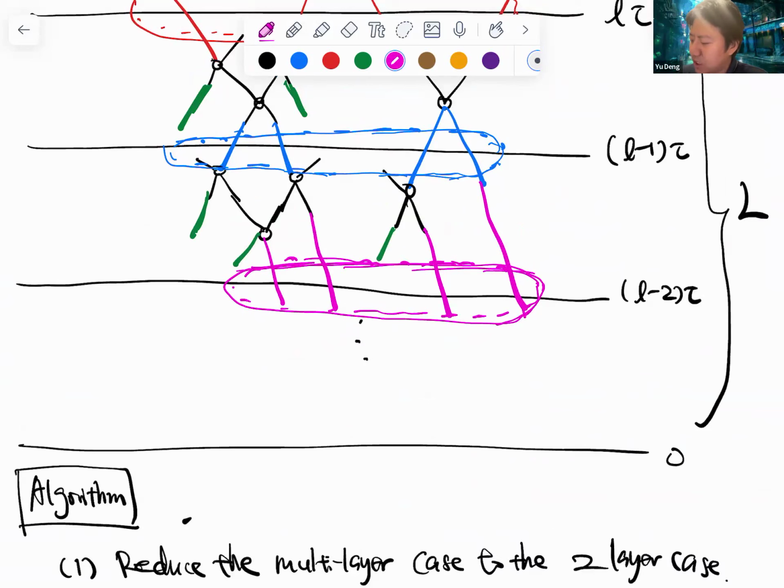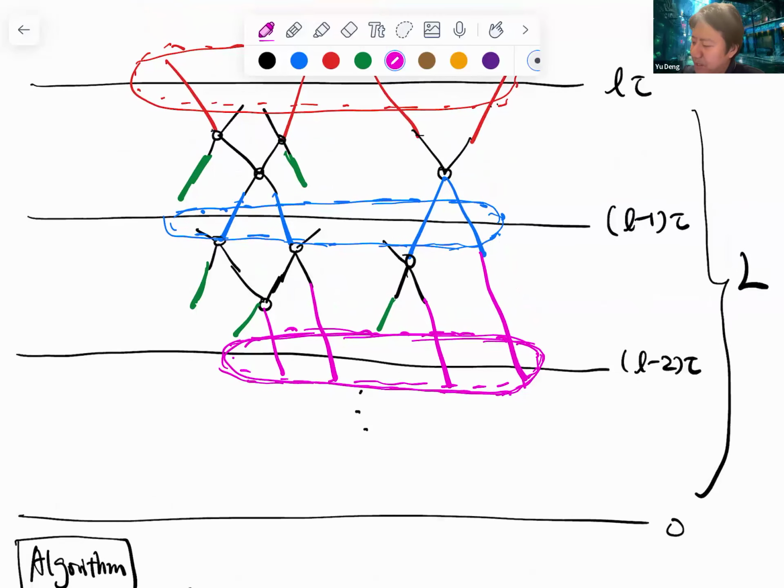We choose some J at this level. There are sufficiently many particles that cross this time layer. The point is that these particles are going to be connected in the layer immediately above.